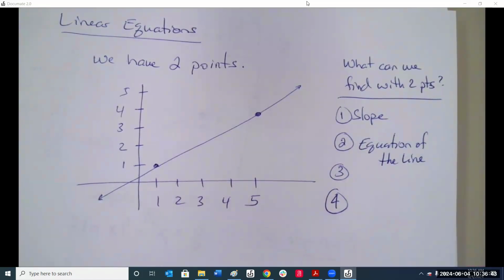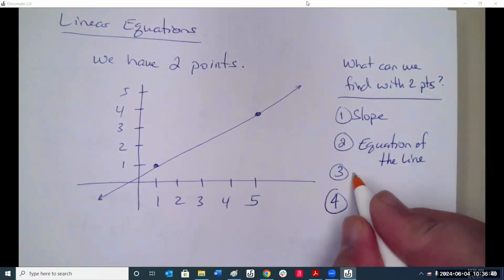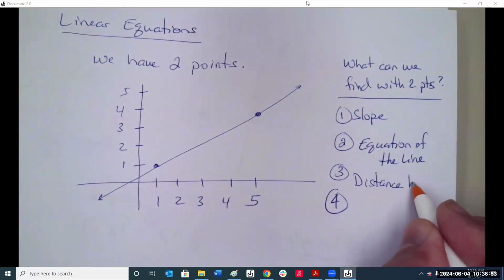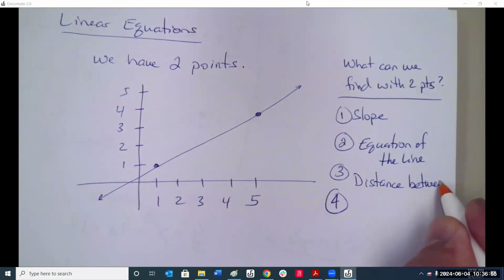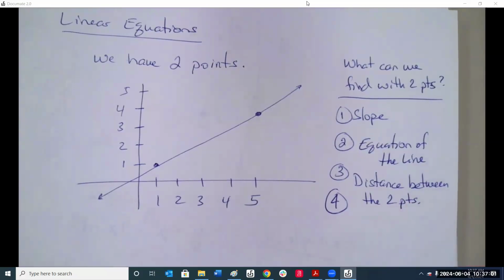What else can we find? We can find the distance between the 2 points.